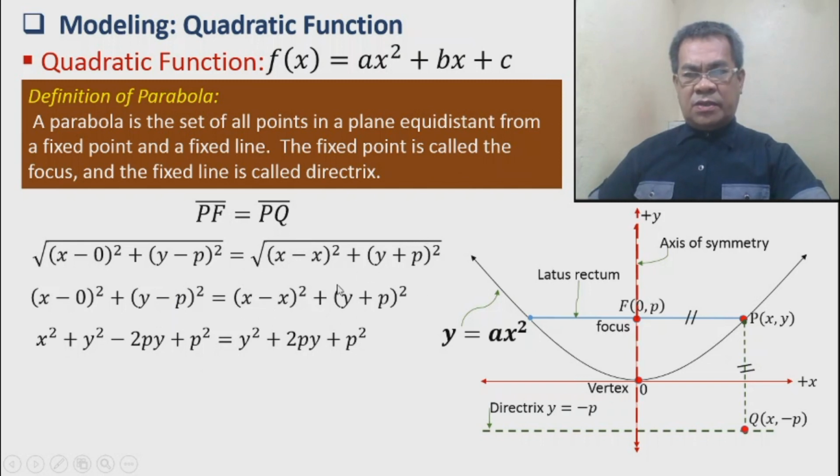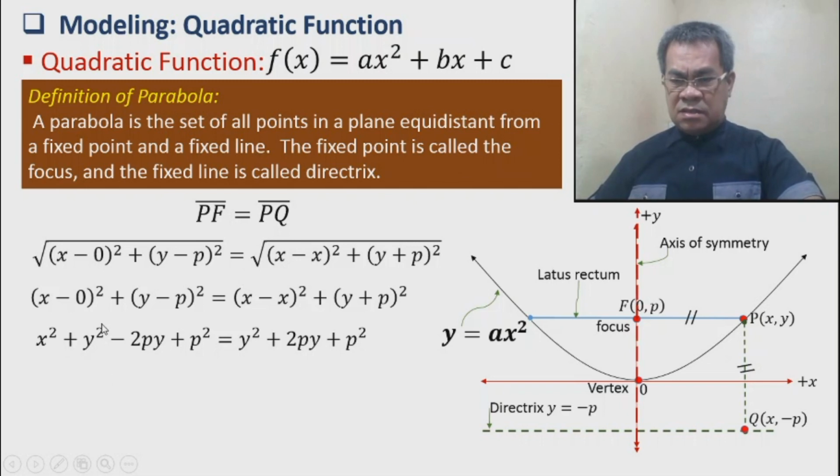Now we have another square of a binomial. Square the first, then twice the first and second, this is plus, so plus 2py, and the last, p squared. So this is the simplified form of the above equation. Now notice that there are terms that can be cancelled. Look at the y squared, it can be eliminated, and the p squared also can be cancelled.